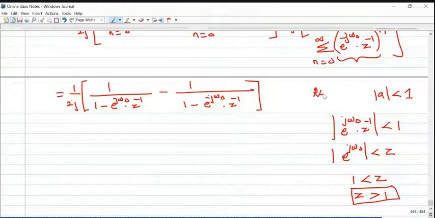The region of convergence for this particular problem is modulus z greater than 1.